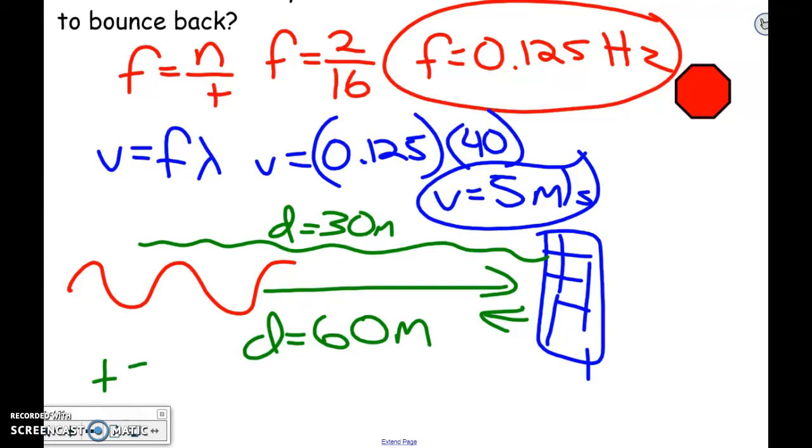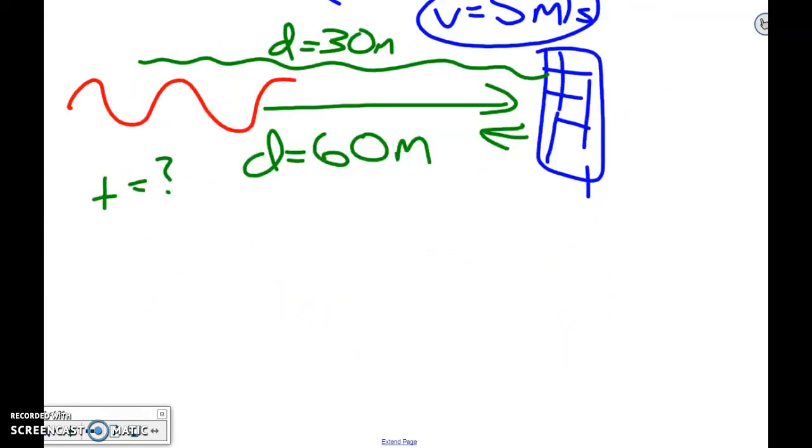So if we know how fast the wave is moving and we know how far it moves, we could find the time. And the very first equation we learned together from back in September, speed is distance over time. This one does not involve the three kinematic equations because we're not talking about acceleration. The wave is just moving as it goes.